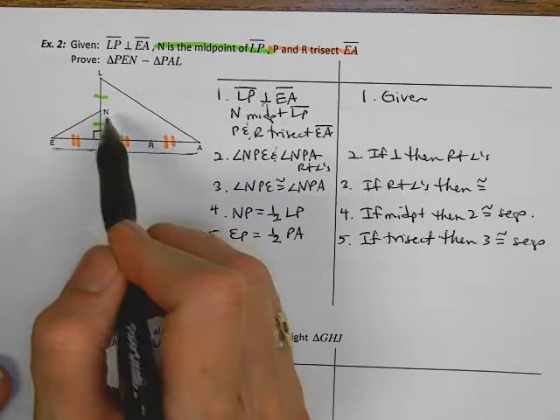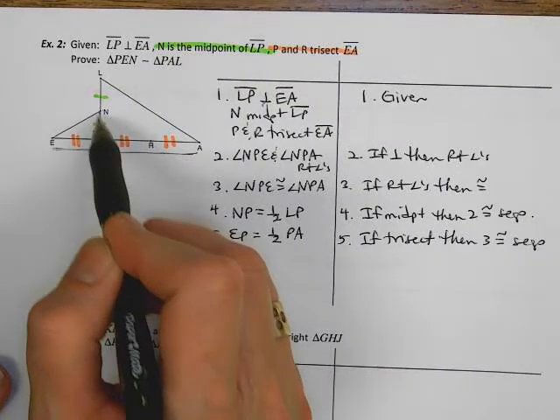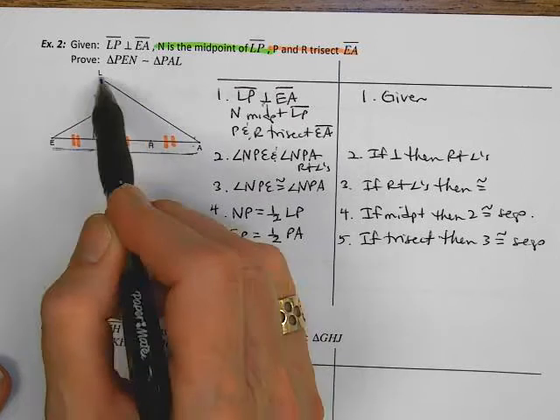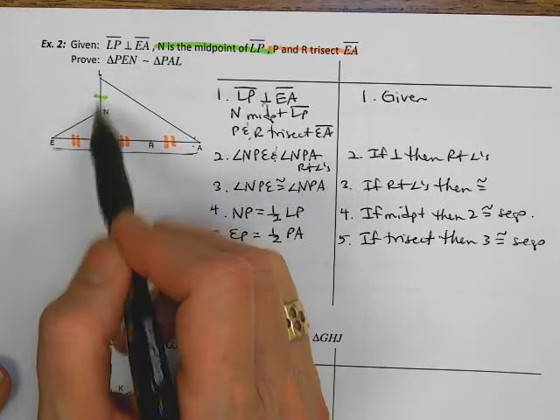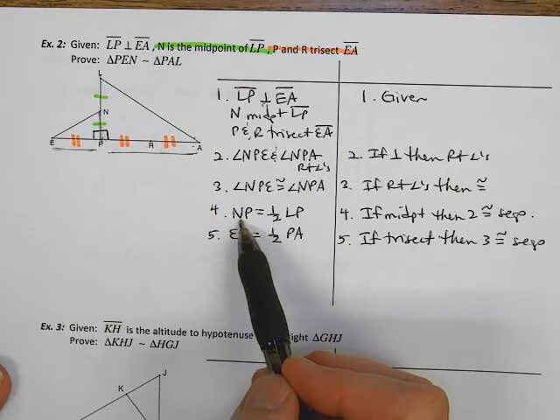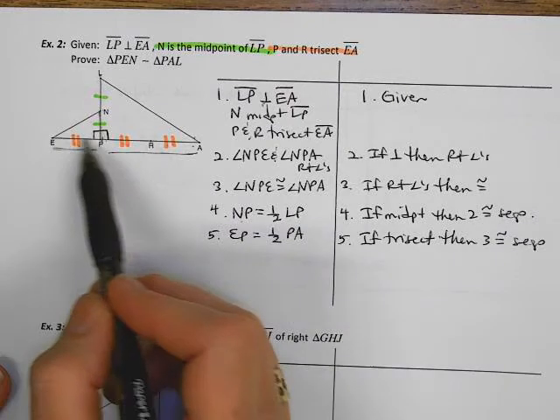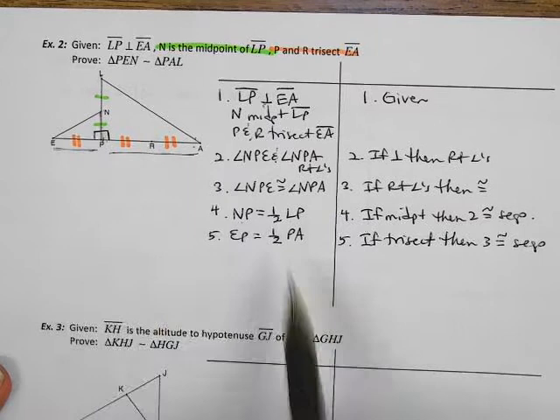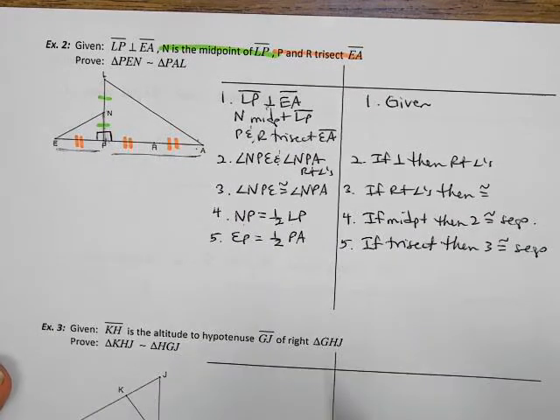So again, on this little triangle, this green is 1 marker. In this side of the triangle, this side right here has 2 green markers. That got me NP half of LP. And then 1 to 2 here makes this half of this segment. Now those ratios match.